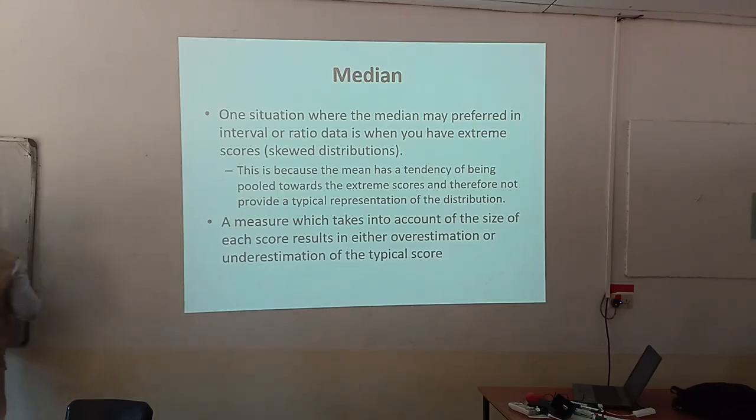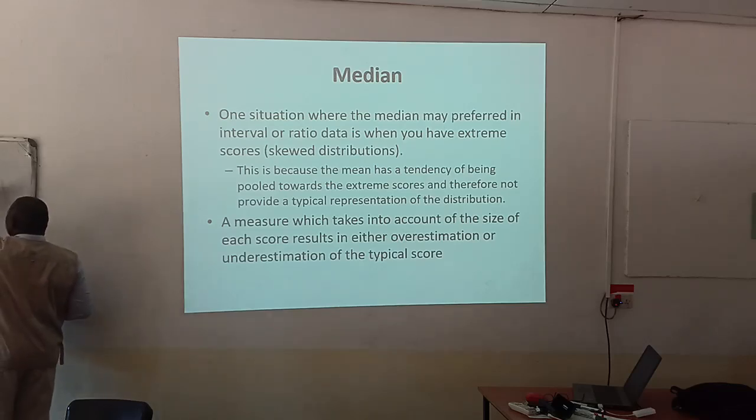Similarly, if you have a negative, by the way, last time when I was talking about this, which one did I say is a negative skewed distribution? I may have confused you. This is a positive skewed, this is a negative skewed. If you have this again, you'll find that the mode will still remain where the scores are most occurring.